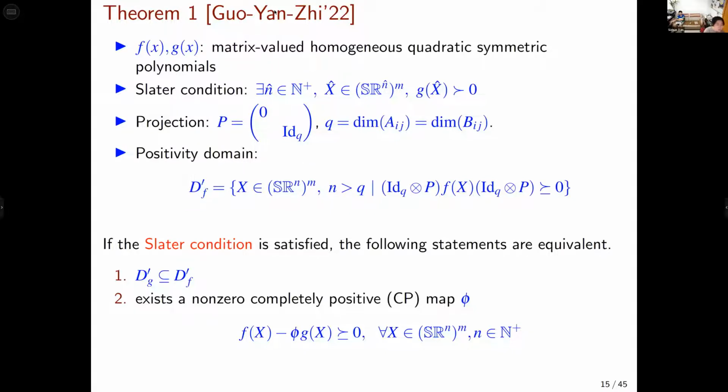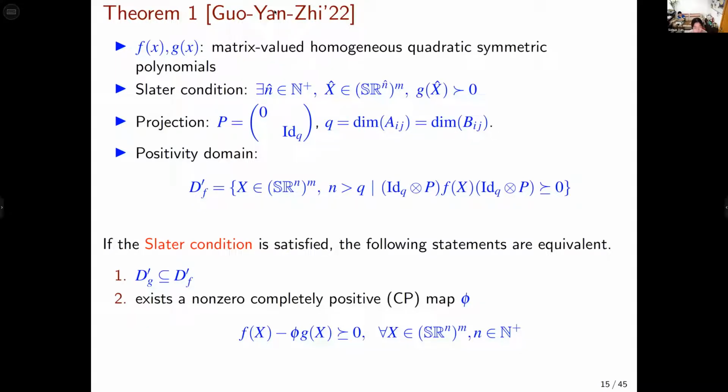So we can define another positivity domain depending on the projection. We use D prime f to denote this. With the Slater condition, the following two statements are equivalent.